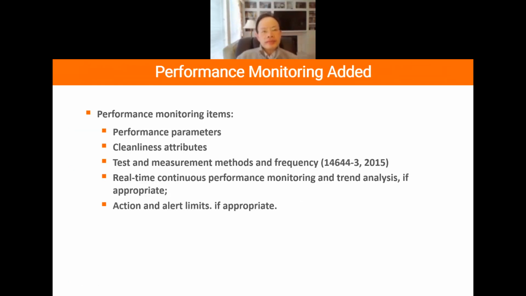Performance monitoring is being added into the new standard. Cleanliness attributes and performance parameters, we already talked about this, and also the test and measurement method and their frequency.